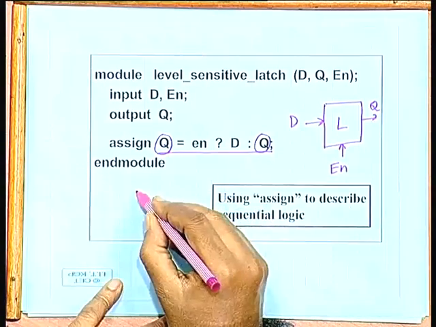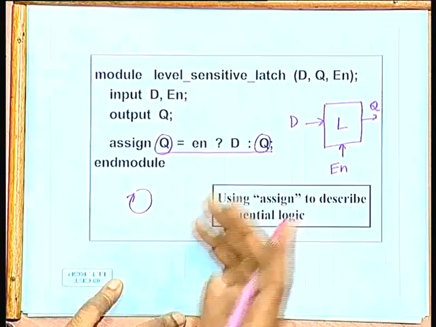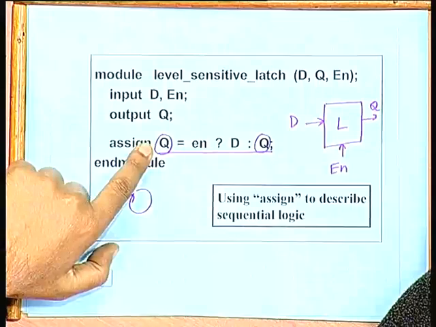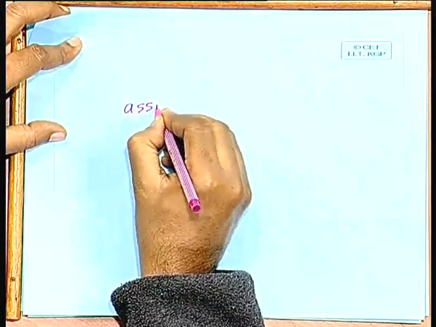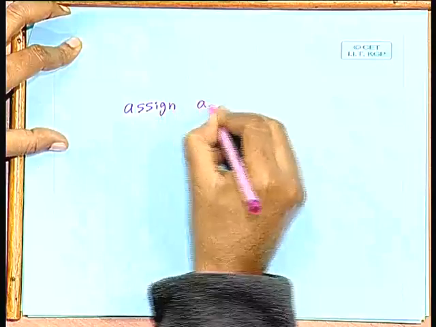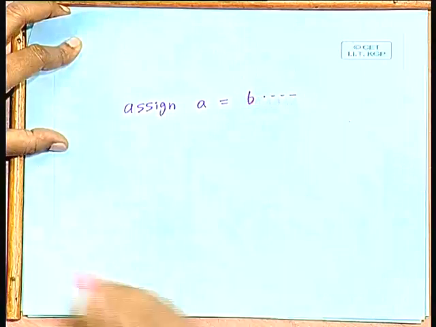Now, if this kind of a cycle exists in the assignment, this means that you are trying to remember something from the previous step. So, in a similar way, you can have not necessarily a single statement. Suppose you have a scenario where you are assigning A equal to something which depends on B, and something else.